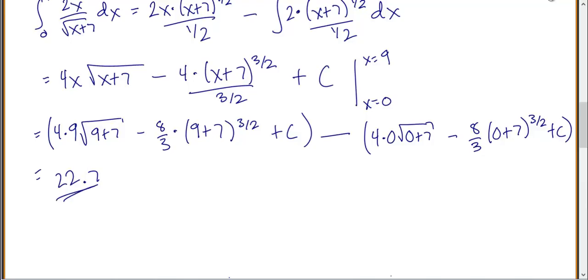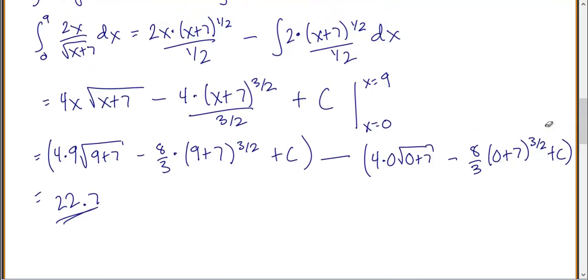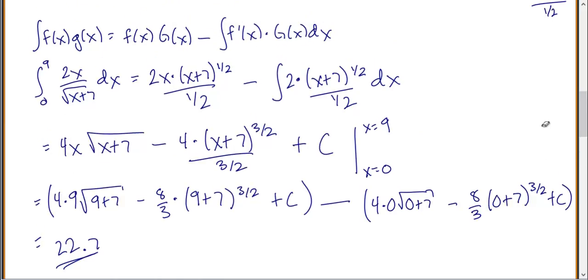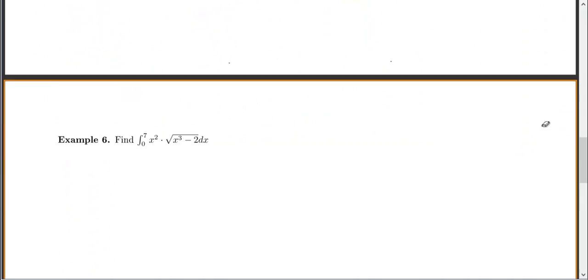Which gives me 22.7. So again, this was integration by parts. We didn't do anything new here. We just waited until the very end and then plugged in our limits of integration.